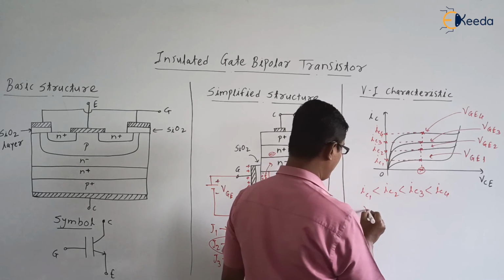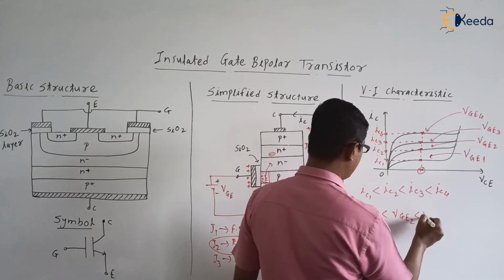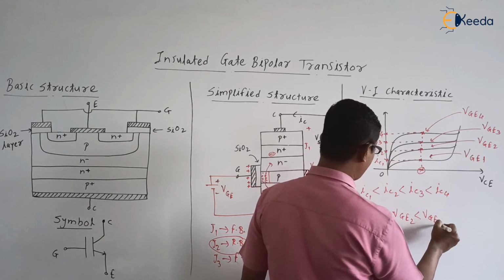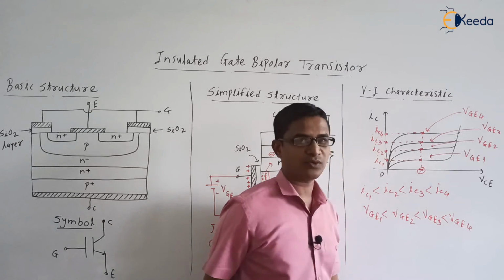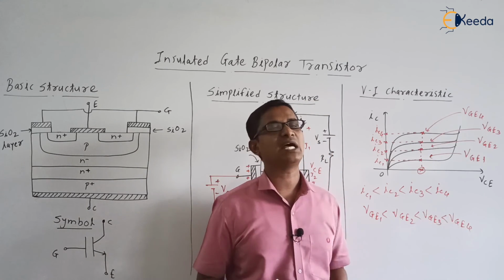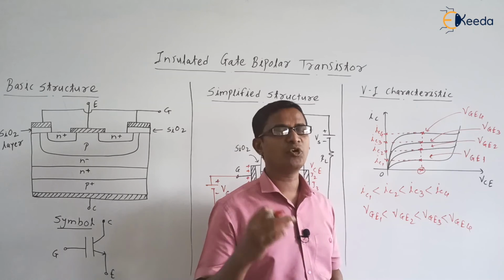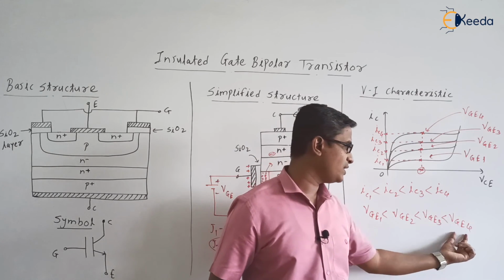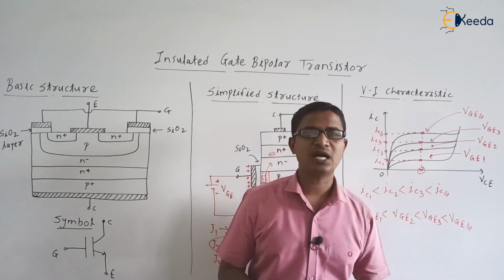So can we say that VGE1 is less than VGE2, less than VGE3, less than VGE4? Are you getting the point? The higher the gate emitter voltage, the greater the width of the channel and the faster the circulation of charges, and due to that, the more the current. So more VGE, more current. This is the VI characteristic of the IGBT.